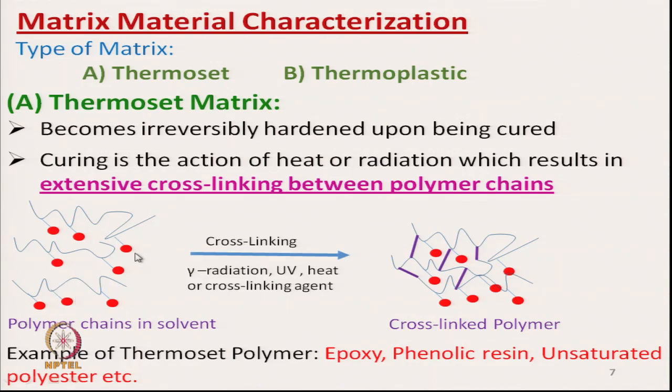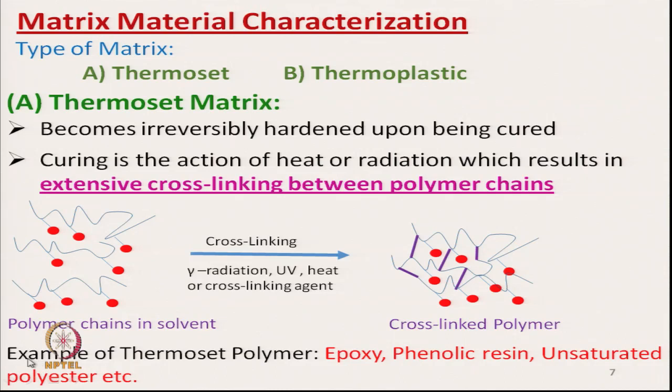Once they are cross linked by applying heat or radiation, they form the thermoset matrix, which is hardened and cannot come back to the original position.